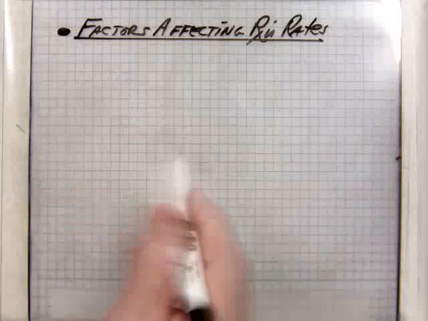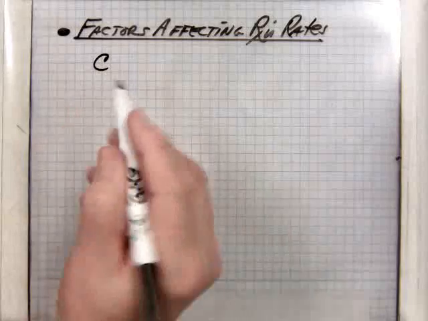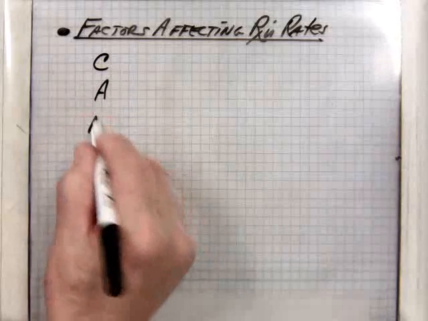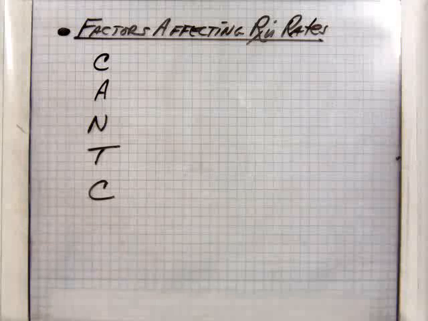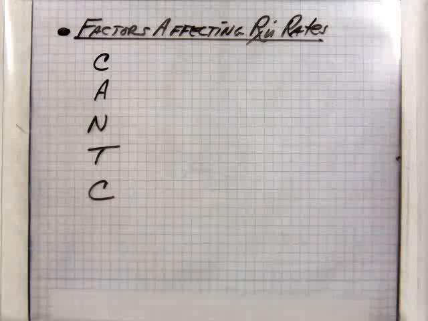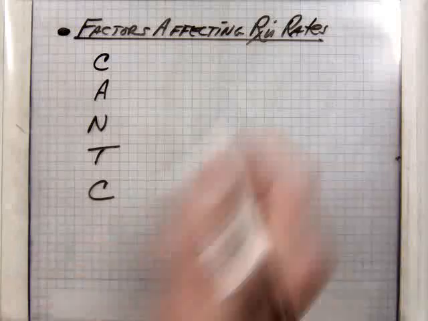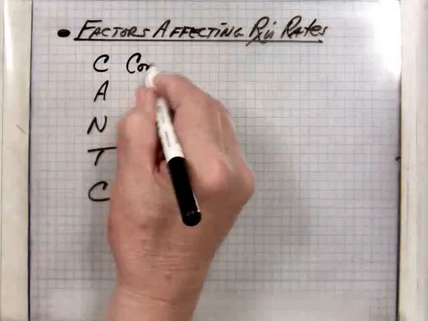And I've put together a little acronym, C-A-N-T-C. Can't see. It's a great little acronym, fits real well. It's not a principle, it's not a law, it's an acronym to help you remember the factors that go into changing a reaction. C stands for concentration.